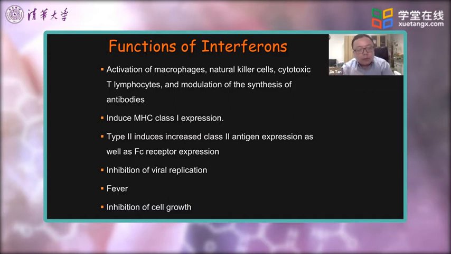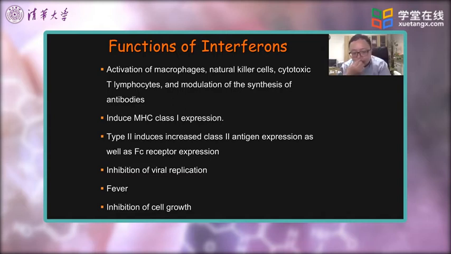But interferon also causes so-called side effects. Since they have been used as antiviral drugs in humans, for example, treating hepatitis C infection, they are known to cause side effects, mainly fever-like syndromes. That really causes unpleasant feelings for the patient, which limits its application as a general antiviral therapy. It can also inhibit cell growth.